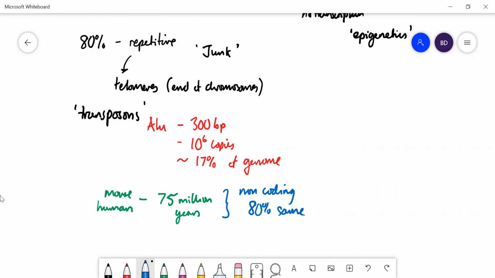And the argument is, if it didn't do anything, if the non-coding region was totally unimportant, 75 million years of random mutations and so forth would have made that an awful lot different than the 80% that it is. The fact that it has stayed the same is maybe a suggestion that yes, it does have a function, and any mutations to that cause it to change have a deleterious effect on the organism, so it must be doing something.